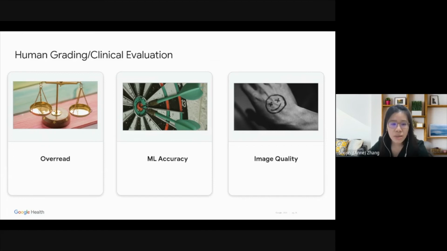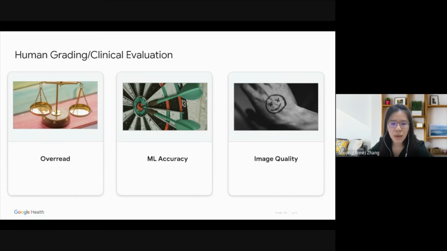We ask medical specialists to re-evaluate the case so that later we can compare the grades and confidence from human and the ML model. To reduce the human bias or error during the process, we use adjudication for graders to go through multiple rounds of grading until they reach consensus. Or we will ask multiple graders to grade on the same case.